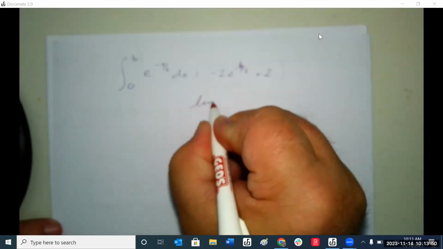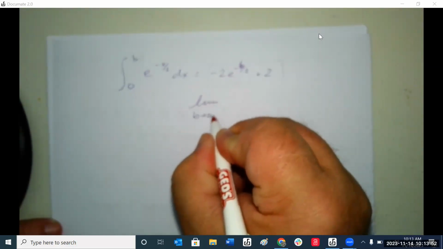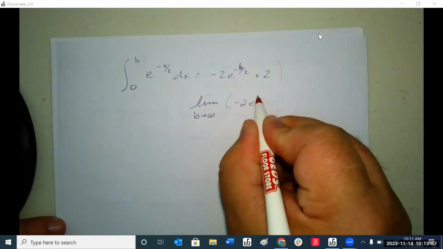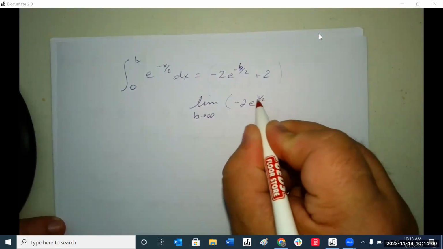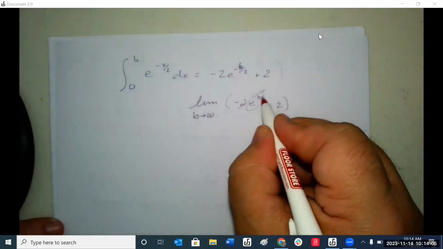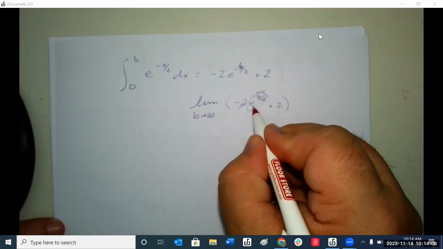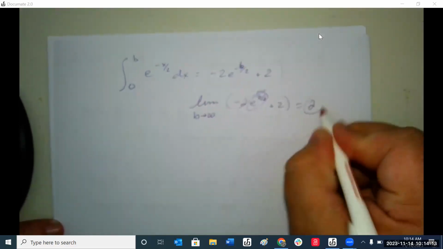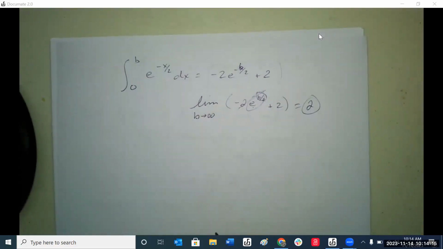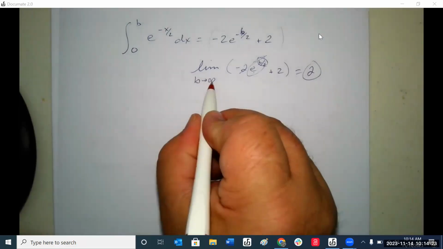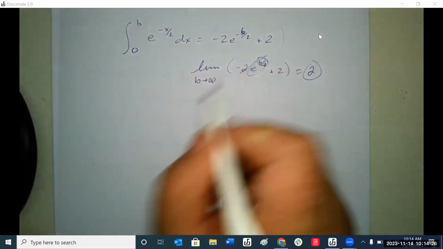But if we take the limit as b goes to infinity, this one goes to 0. So negative 2 times 0, so it's just 2, right? So no matter what b is, as we go towards infinity, that's what's going to happen.